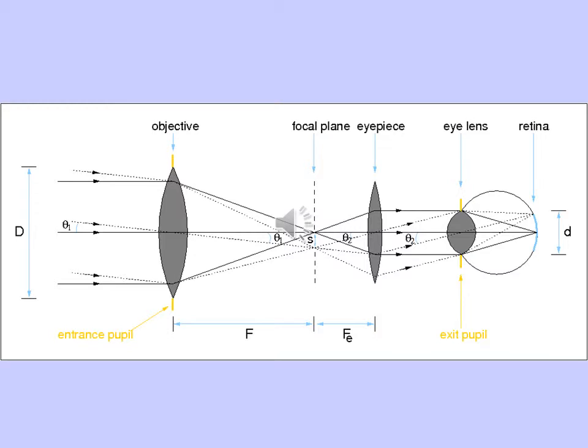Let us see a little bit closer at how magnification happens. Remember, we started with the properties of light that behaves as a wave. Therefore, the light going into the lens on the very left, into the objective lens, comes at an angle theta, a very small angle.